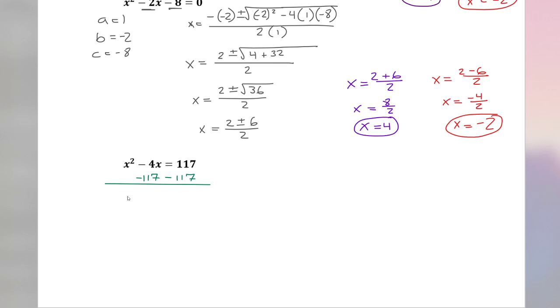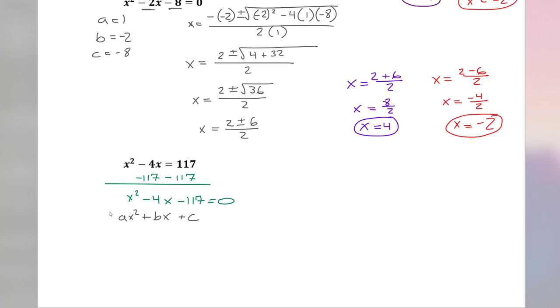Let's start to solve this. We have x squared minus 4x minus 117 equals 0. I'm going to write underneath of it, standard form again is ax squared plus bx plus c.